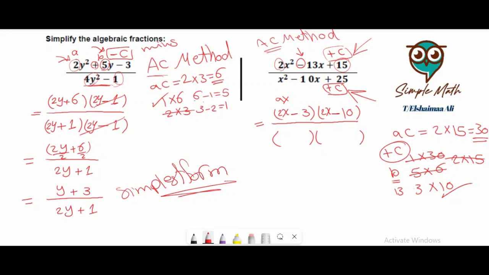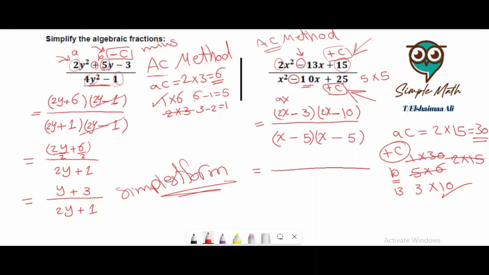Since C is positive, both brackets will take the sign of the middle term, and here the middle term is negative, so both brackets are negative. x squared is x times x, and what are the factors of 25? It's 5 times 5, and if I add them, 5 plus 5 gives me 10, the coefficient of the middle term. So I'm going to write 5 times 5.